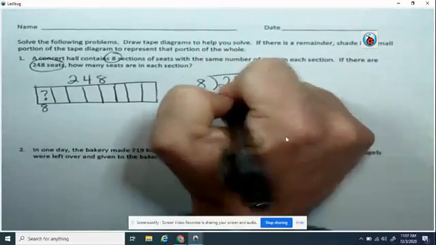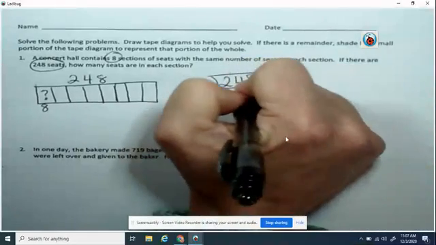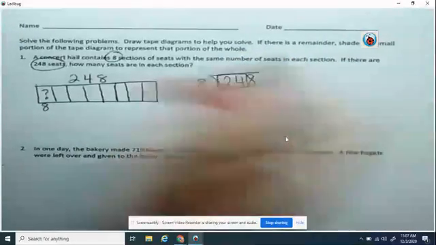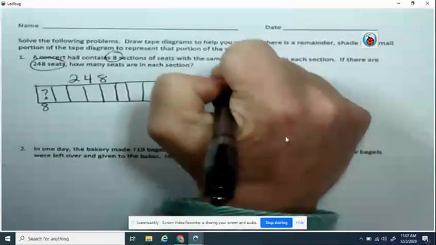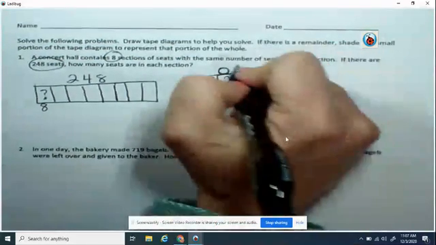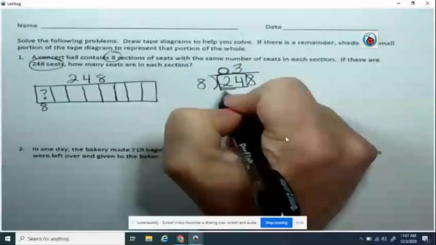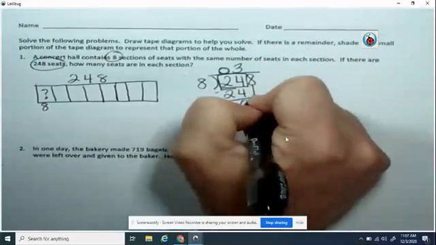Okay, well 2 is smaller than 8. So for this problem, we're going to focus on the first 2 digits, the 10s and the 1s combined, and we're going to put a 0 here in the hundreds because I can't do anything with my hundreds place because it's too small. 24 divided by 8 is 3. 8 times 3 is 24. That leaves me with 0.